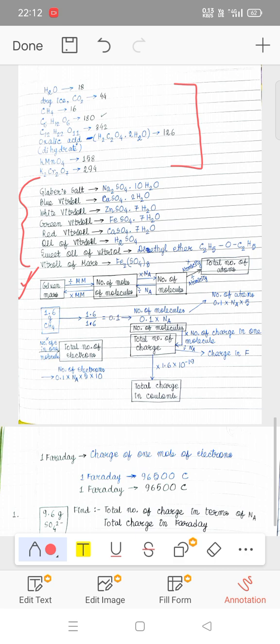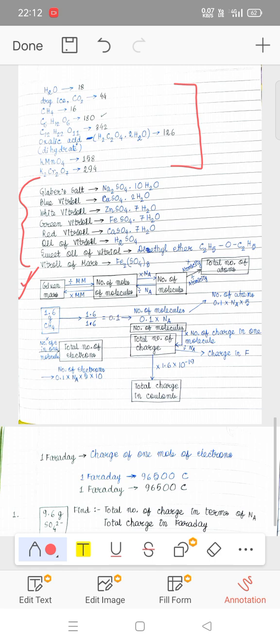Next, if we are required to find the total number of charge, what will we do? The total number of molecules into the number of charge in one molecule. If we do this, we will get the total number of charge. And if we need this charge in Faraday: 1 Faraday equals the charge of 1 mole of electrons, which is equal to 96500 coulomb.